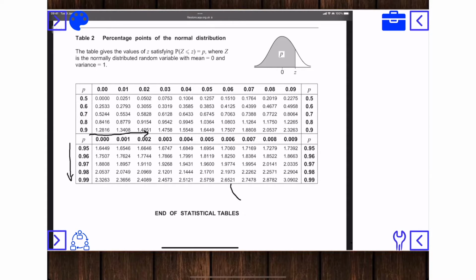All the values in the table are my Z scores. I'm after 0.975. Well, here is 0.97 and 5 in the third decimal place. Reading down and reading across, we can see that the Z score is 1.96.